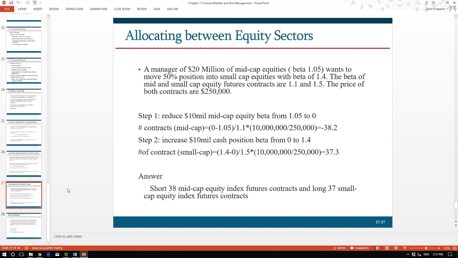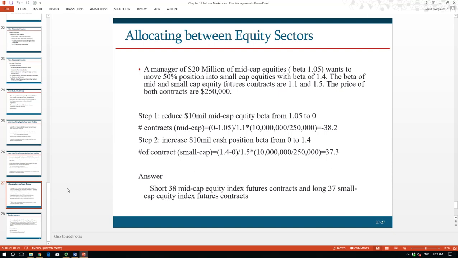So your target beta 0 minus current beta 1.5, divided by the futures contract beta 1.1, times the ratio of your portfolio value and the size of your futures contract, gives you negative 38.2. That means you need to take a short position in 38 mid-cap active futures contracts.